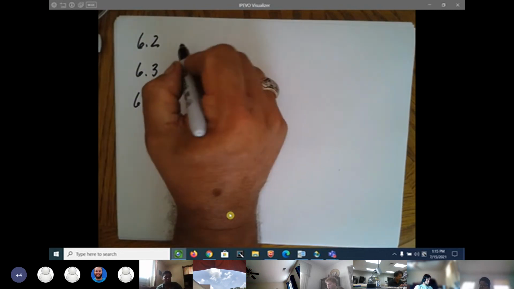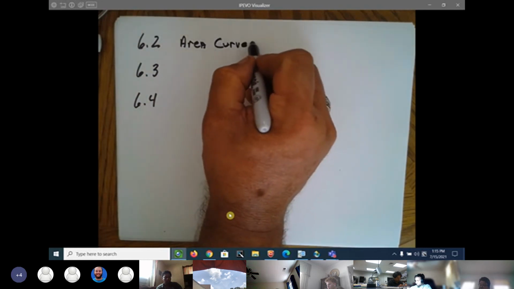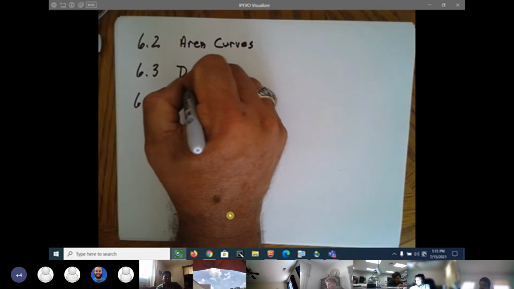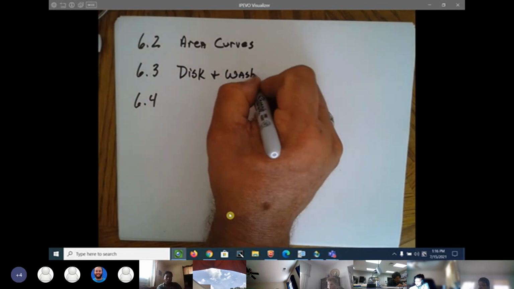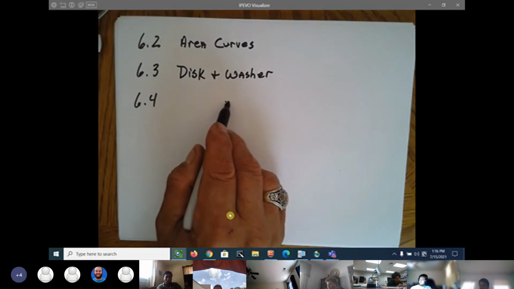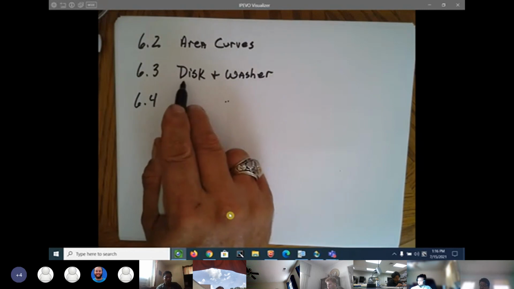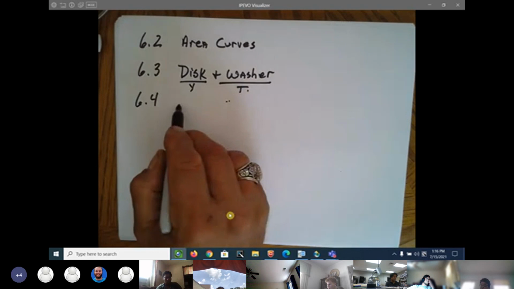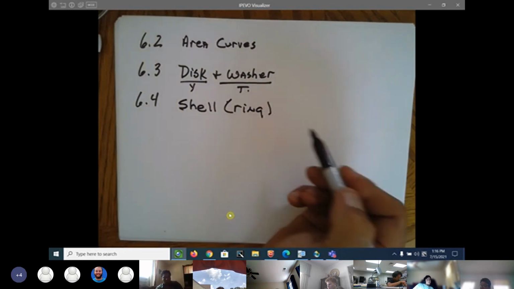And this is the area between curves, I think. And this is disc and washer, I think. They may have put washer and ring or shell down here, but I've just taught you this yesterday and this today. Tomorrow will be shell. It's what I like to call ring.